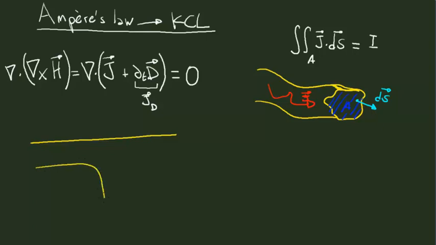So we have three conductors flowing into a node, and this node has a volume. Let me see if I can be clear. So this is one conductor, this is another conductor in a node, and that's another conductor in the node.